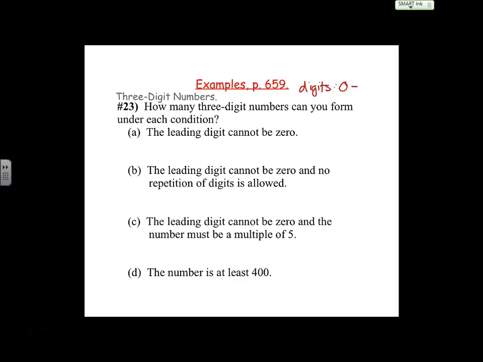We have the digits 0 to 9, which means we have how many total to choose from? 10 possibilities. Now, in every single one of these, they say that we're forming what? A 3-digit number. So we're going to say we're going to choose the first digit and the second digit and the third digit for every single one.